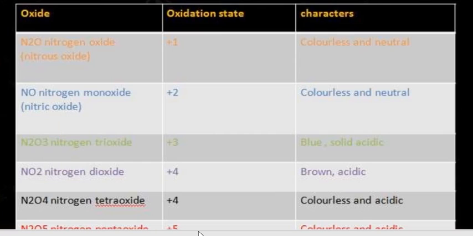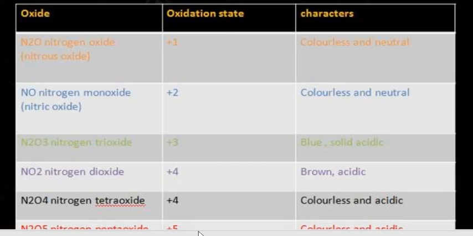Next oxide of nitrogen is nitrogen dioxide. This nitrogen dioxide has +4 oxidation state, and it is also a colorless solid or liquid, and it is acidic in nature.